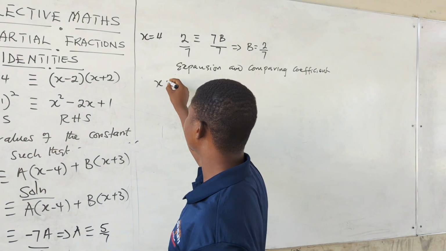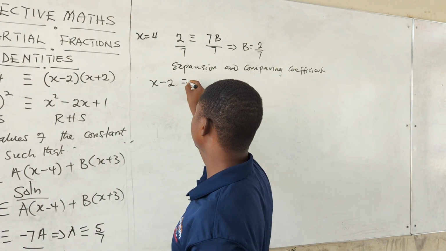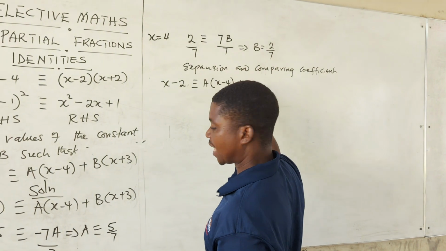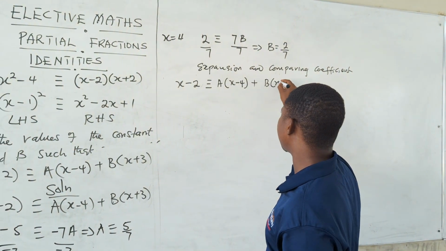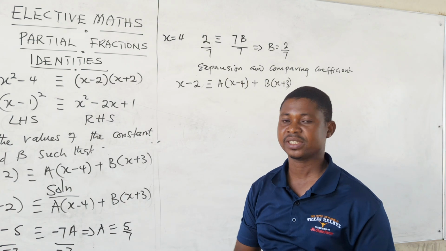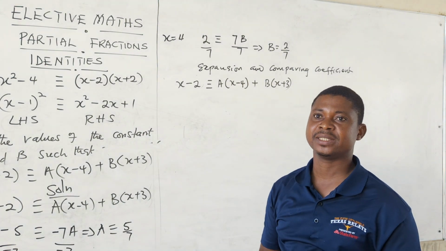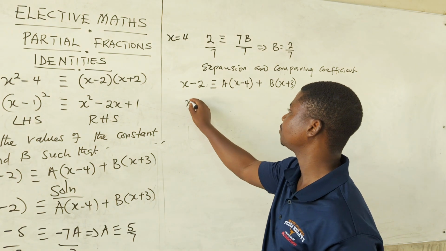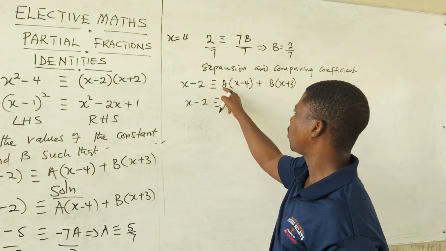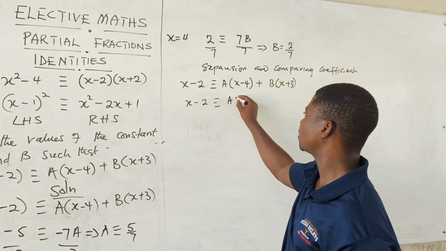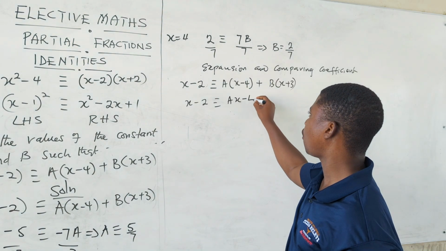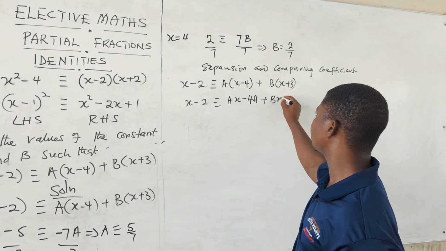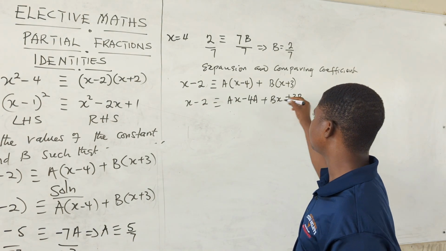We already have the question as x minus 2, which is equivalent to A(x minus 4) plus B(x plus 3). First we have to expand, as the topic says. When you expand it, you are going to have Ax minus 4A plus Bx plus 3B.